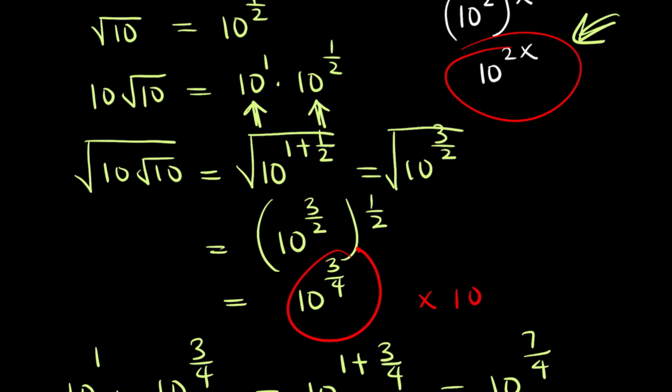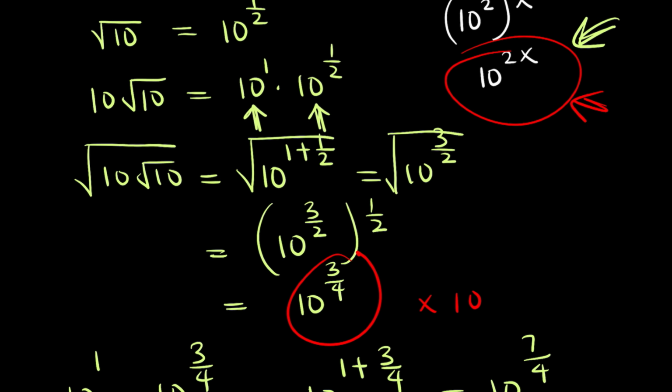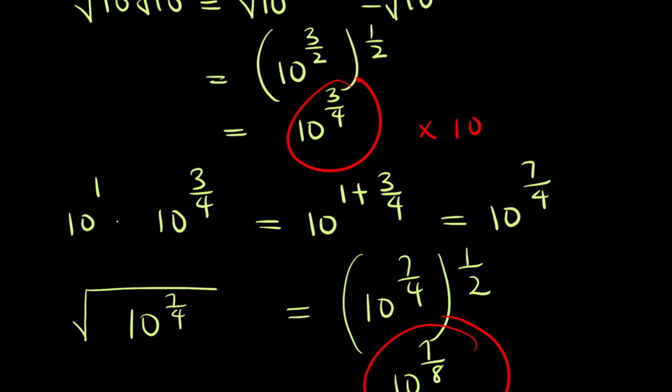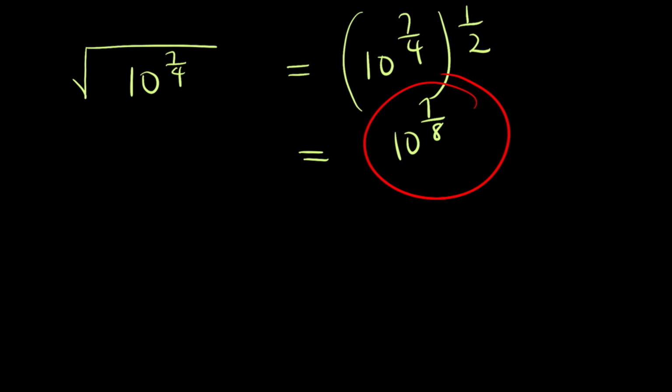Then we go ahead and equate that to 10 raised to power 2x. So we have 10 raised to power 7 over 8 is equal to 10 raised to power 2x.